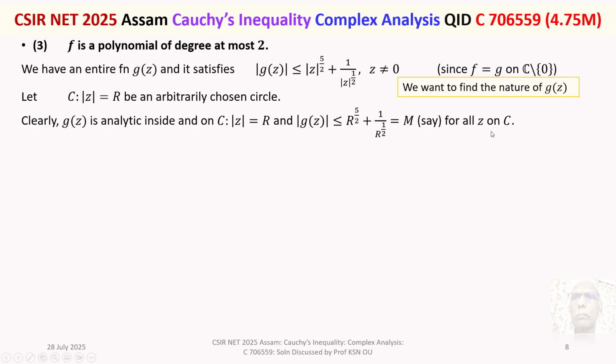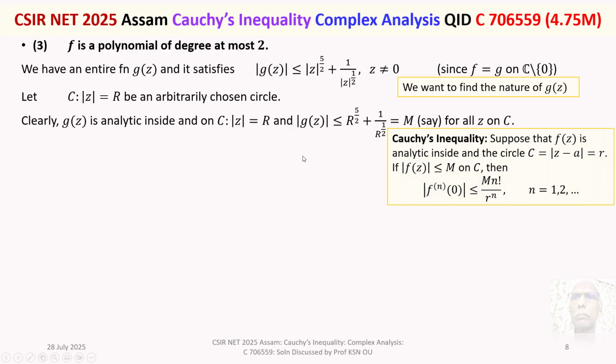And this is true for all z on C. So we recall the conditions of the Cauchy inequality, wherein g is analytic inside and on C, mod z equal to R, and mod of g of z is less than or equal to capital M for all z on C. So all the conditions of Cauchy inequality are satisfied. Therefore, by Cauchy inequality, mod of the nth derivative of g at 0 is less than or equal to M into n factorial by R to the power n, n equal to 1, 2, and so on, where M is R to the power of 5 by 2 plus 1 by R to the power of 1 by 2.